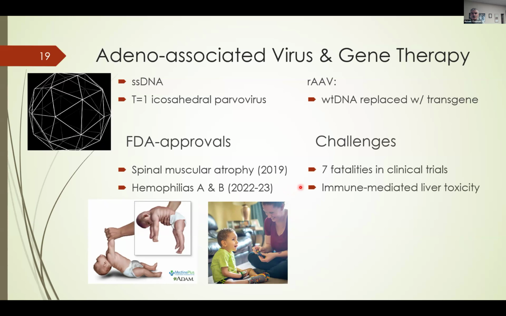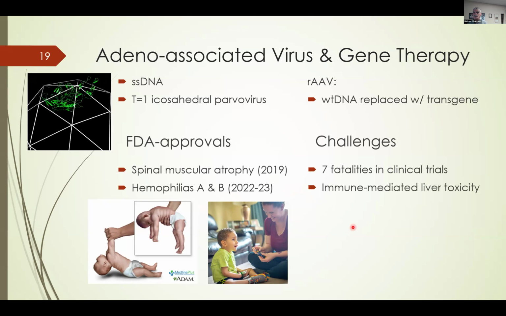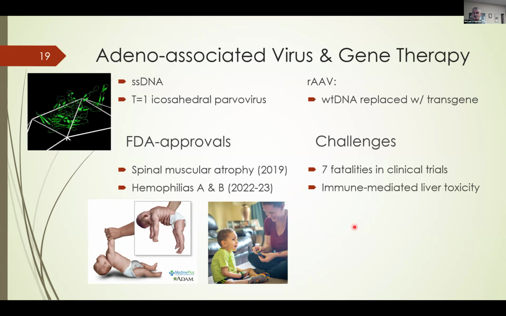Now, there are a number of challenges, and indeed 7 patients have died in clinical trials due to immune-mediated liver toxicity. And the reasons are that AAV is not very efficient.